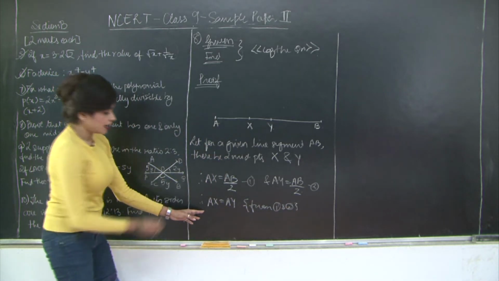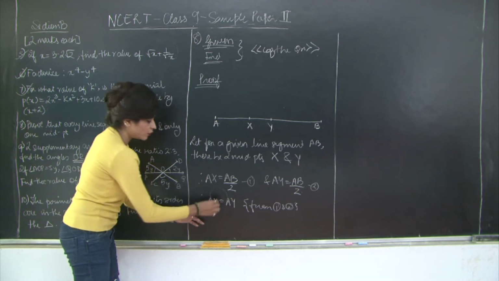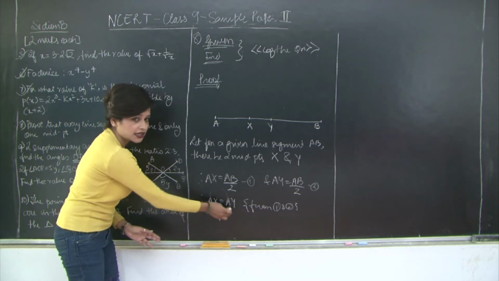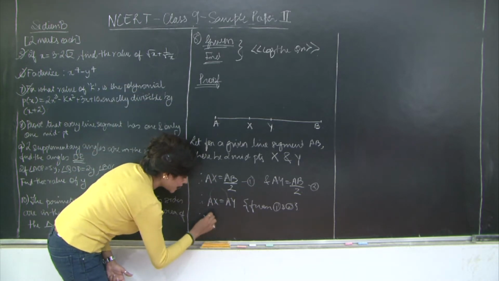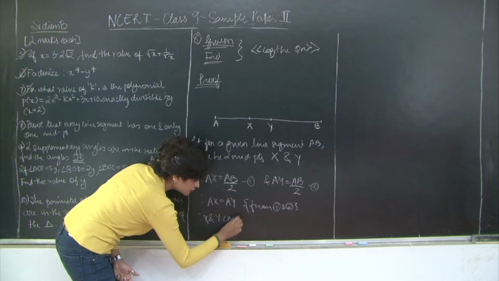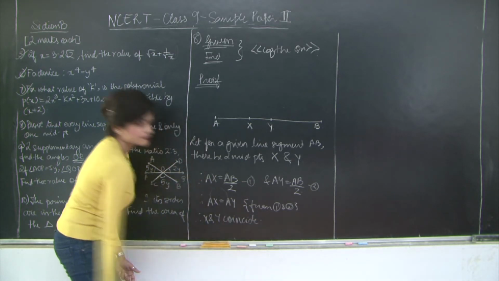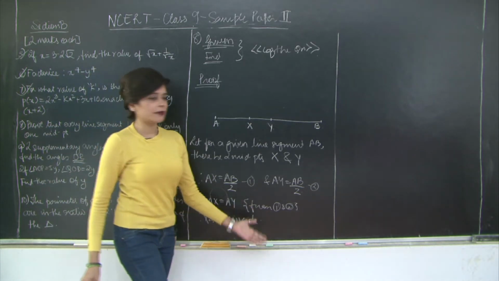What does this mean? A and A are coinciding, therefore X and Y will also coincide because they are equal, right? These both lengths are equal. Therefore, X and Y coincide. That means X and Y are the same point.